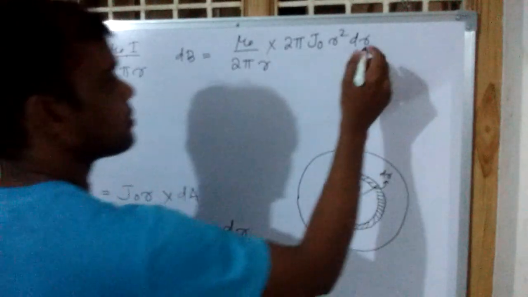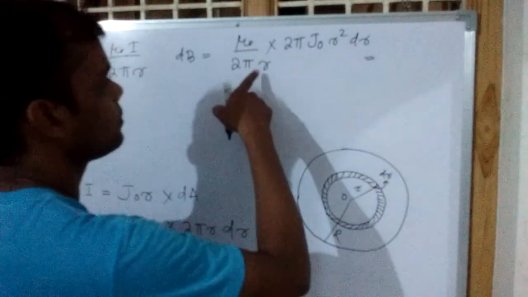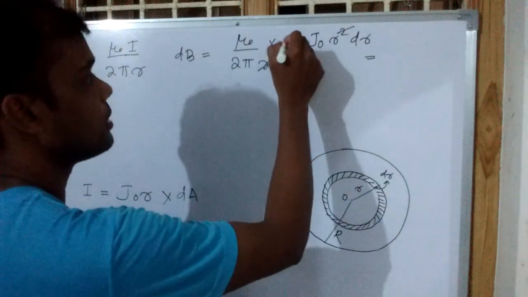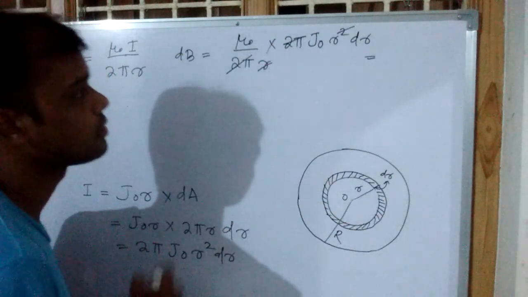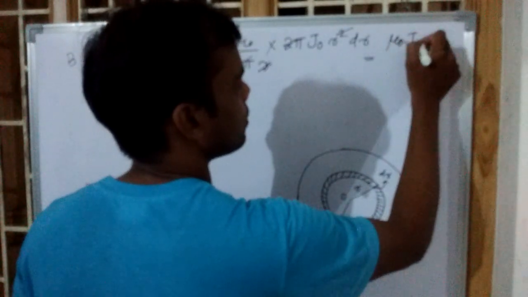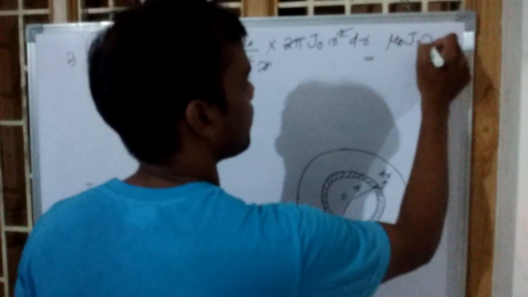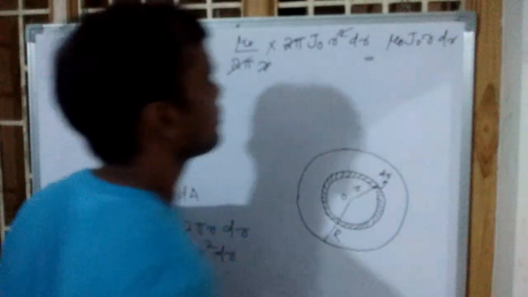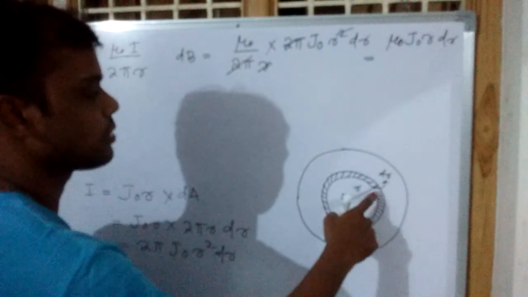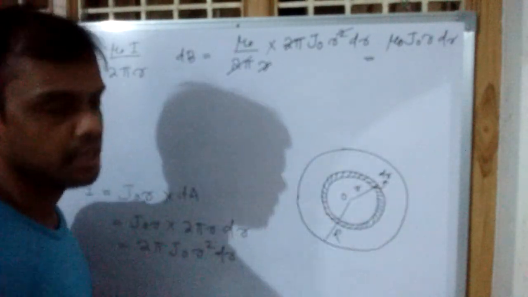Now dB becomes, one r from the numerator and one from the denominator get cancelled, 2 pi gets cancelled, so the remaining part is mu naught J naught R dr. This is the magnetic field at this point R due to this ring.